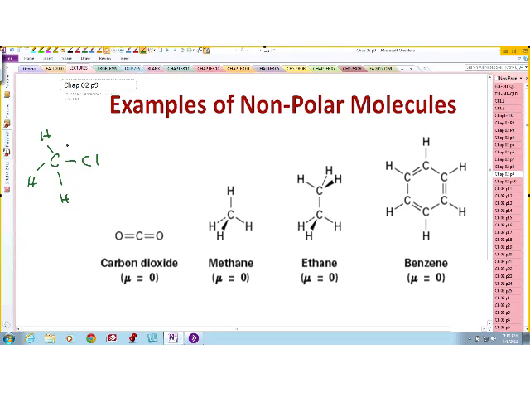So this molecule will have a dipole moment. And what is the direction of the dipole? Towards the chlorine, right here. So this has a partial negative, and a partial positive on carbon. Okay. Supposing I give you this.